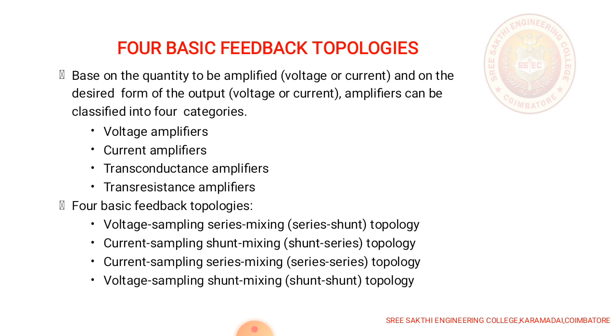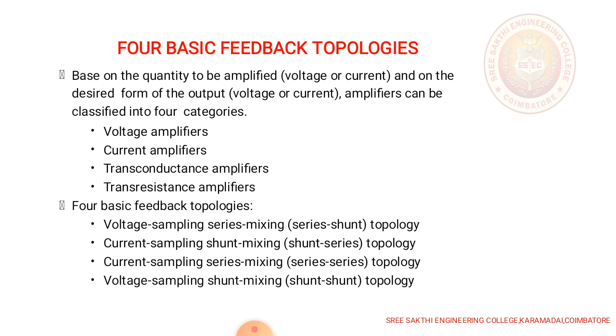Four basic feedback topologies are based on the quantity to be amplified, that is voltage or current, and on the desired form of the output voltage or current. Amplifiers are classified into four types: voltage amplifier, current amplifier, transconductance amplifier and transresistance amplifier.